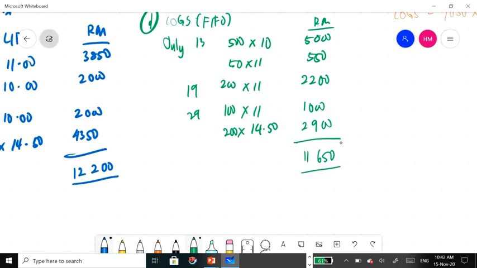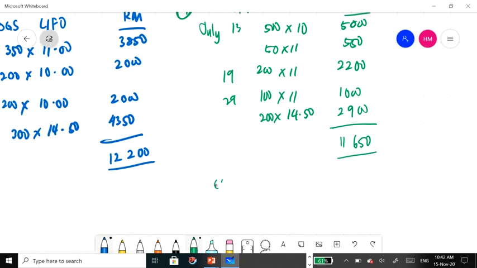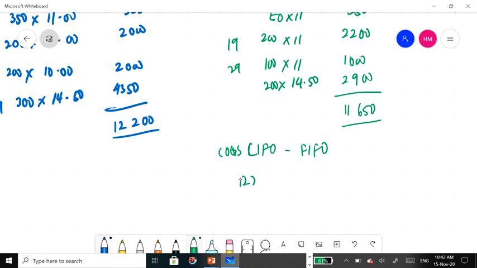So dia kata suruh compare. So you akan tolak lah. Lifo COGS minus FIFO. So 12,200, this one minus 11,650. So you akan dapat 550.